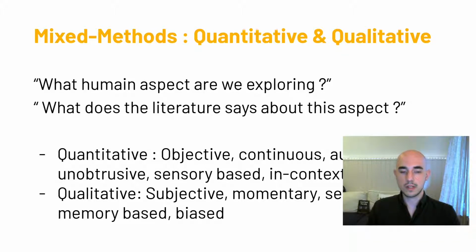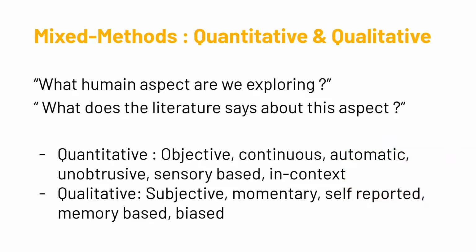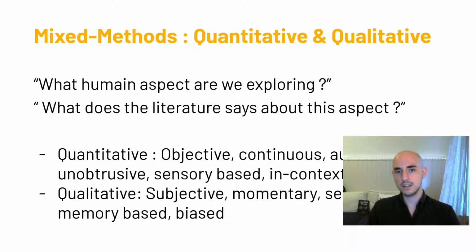When we ask about the literature, we're also thinking, okay, for this human aspect, is there a wearable or a device which is already commercially available to collect this specific human aspect? Can you use a Fitbit? Can you use Withings? If not, can you use a professional grade wearable?